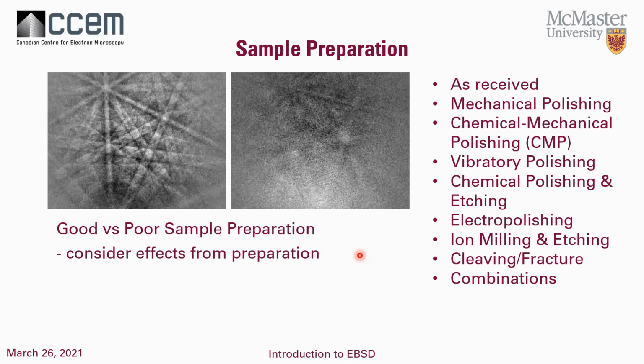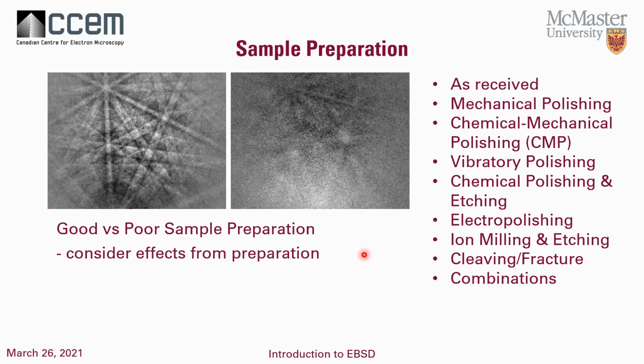So if the sample is in the middle of the puck, it's going to be further away from the pole piece, so you're going to have a longer working distance. So the electron beam is going to be traveling a longer distance in order to get an image, so you're going to have less resolution. You may have fewer electrons depending on the situation. So you have to keep that in mind as well.